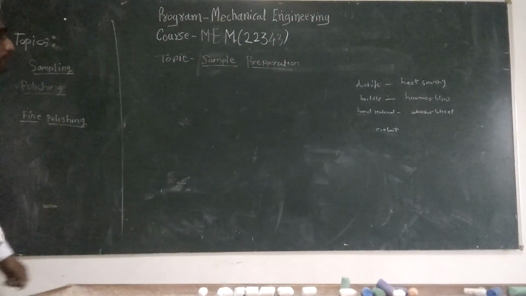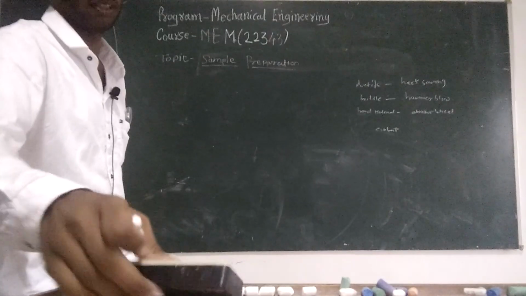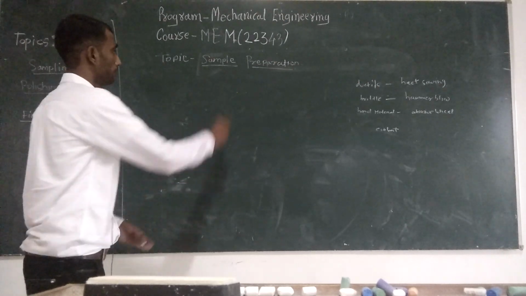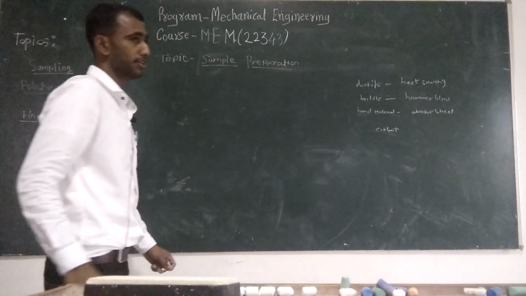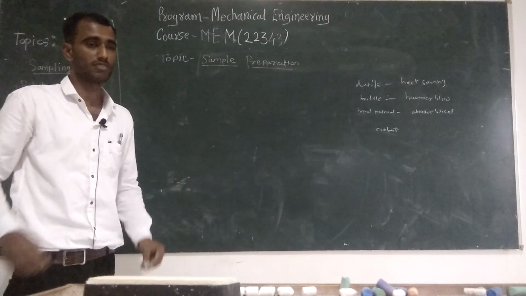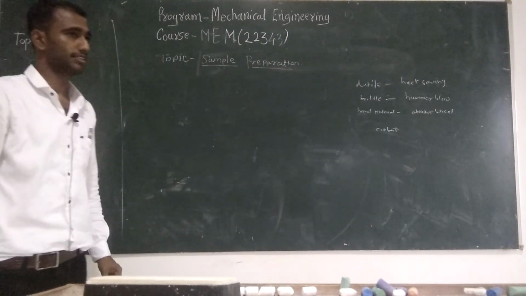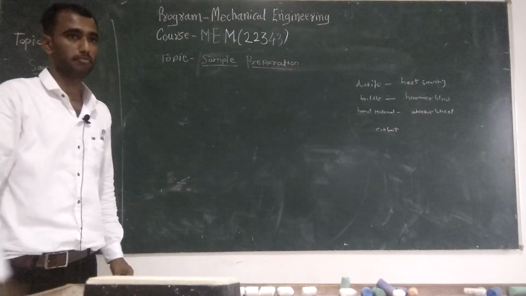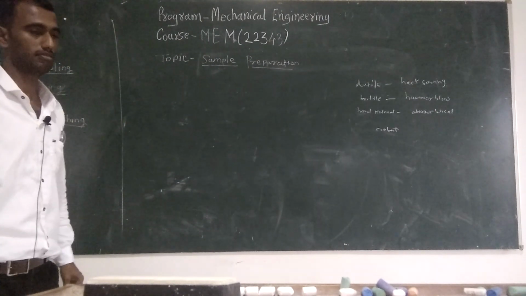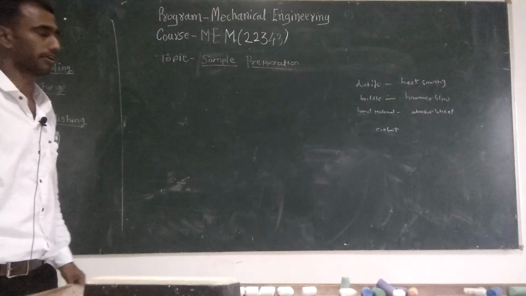Today we are going to learn a new topic from Unit 1, that is sample preparation. It is very important because if we are going to study the microstructure of any metal or alloy, you have to take the sample from that metal or alloy.